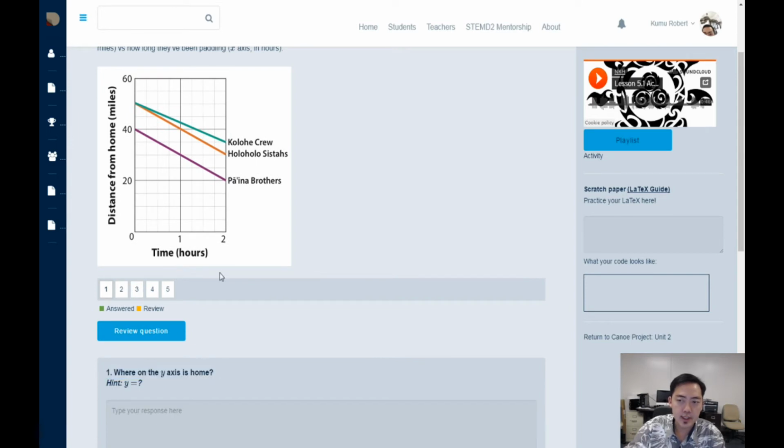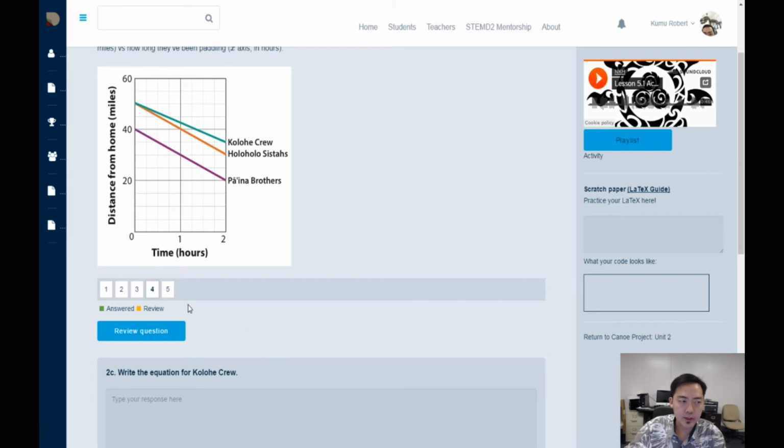And then the students have to look at the 3 lines and figure out the equations of them. So the students need an equation for the Pa'ina brothers, the Holo Holo sisters, and the Kolohe crew. From the equations which come from the graphs, the students need to figure out when these canoe clubs come home.